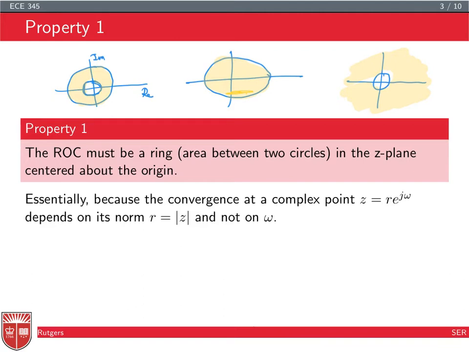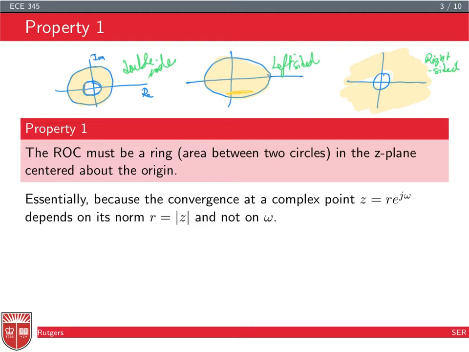So basically, and we will see these again probably, this will correspond to right-sided. This is left-sided, and this is double-sided. So this is basically what the property is saying.